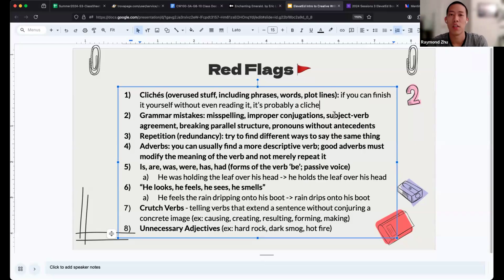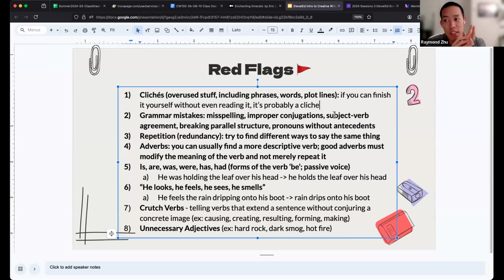So maybe you say green apples, red cherries, and then you don't want to throw in something like berries that were blue. You just want to say blueberries. And then pronouns without antecedents. You have these all the time, right? So if you use it or she or her, make sure it's very clear in the paragraph what they are.